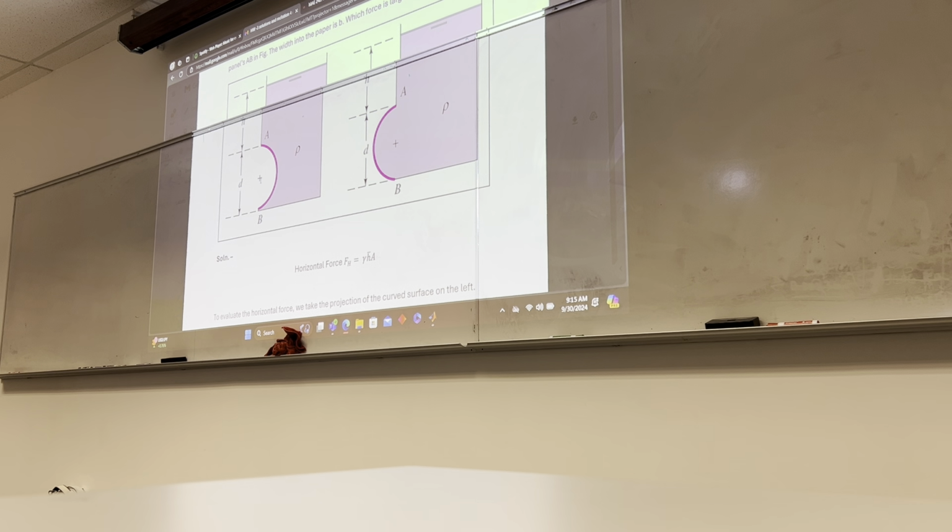Whereas the one on the right has water inside of it, so the force would be pushing outward like that. Same overall force, but acting in a different direction because one has an absence of water and the other has water.